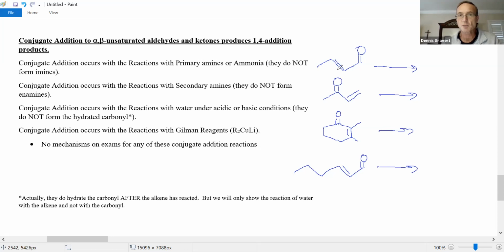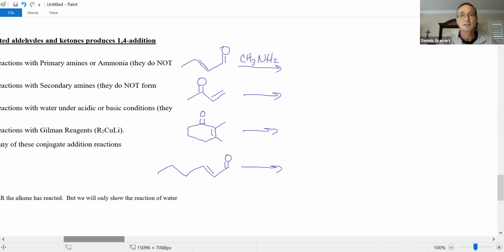If you react a primary amine, that's primary, or ammonia, what normally would we expect if an aldehyde or ketone reacted with a primary amine? We're expecting an imine. So you don't get that if it's conjugated. We're not going to get the imine.